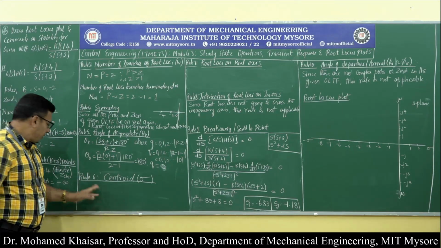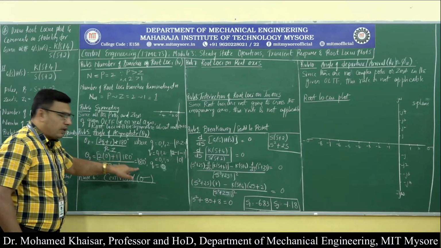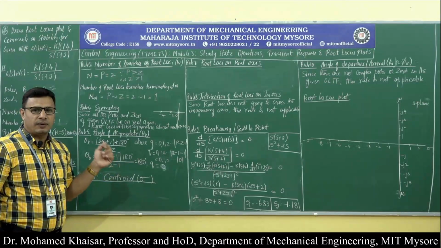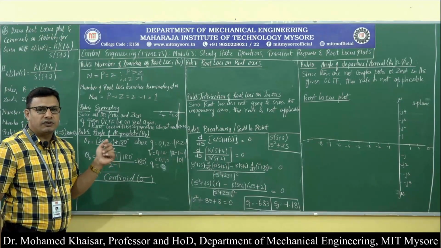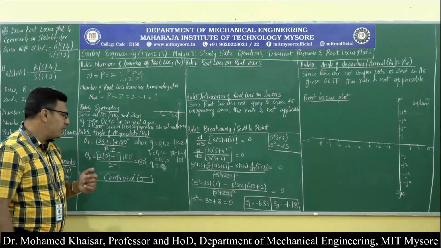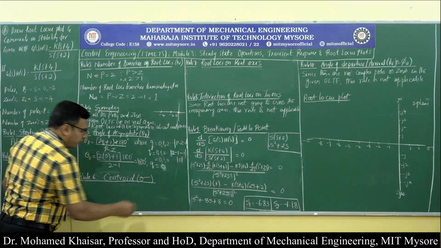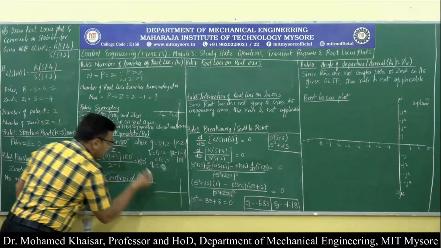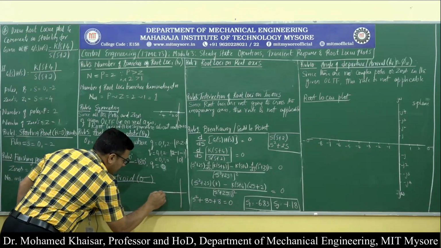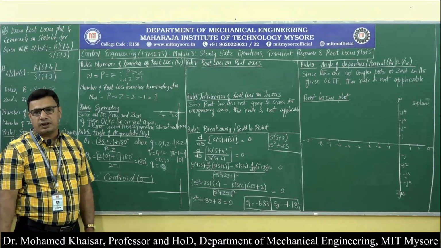Now rule number 6 is about the centroid. What is a centroid? The centroid is a point on the real axis from where the asymptotic straight lines will emerge to go in various directions or at various angles. But here, when we plot the asymptotic straight line, since it is at 180 degrees, from the origin the entire negative real axis is going to be the asymptotic straight line.